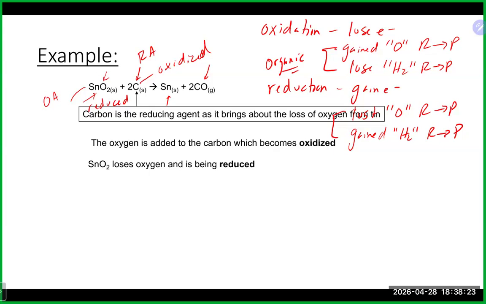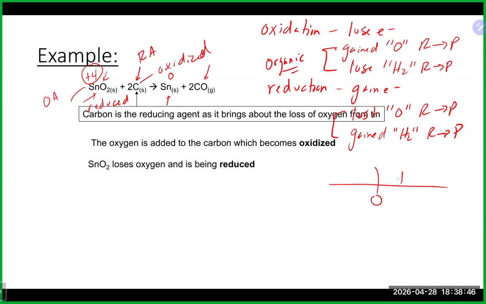But down the road, if you go to organic, you will definitely see a lot more of oxidation reduction involving oxygen and hydrogen. By the way, in this particular case, we actually had a metal there, which would help us figure it out if you weren't sure. We could look at the tin here. The tin on this side is a +4 oxidation state. The tin on this side is a 0 oxidation state.